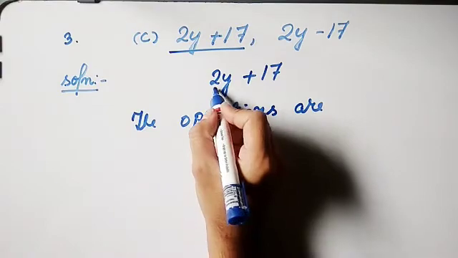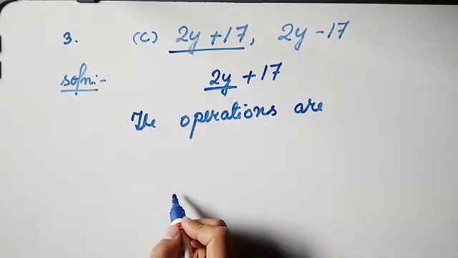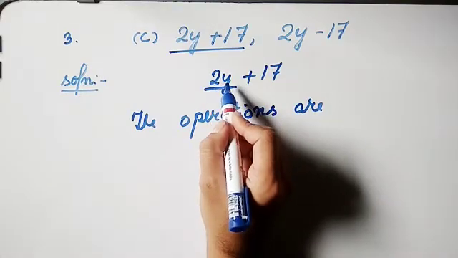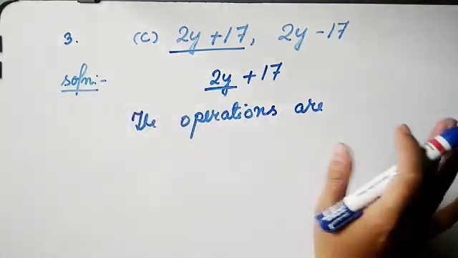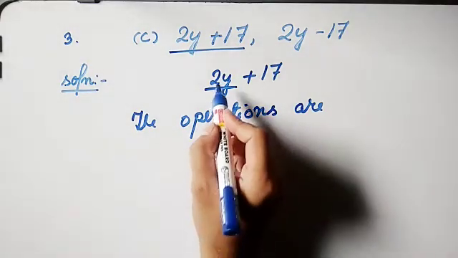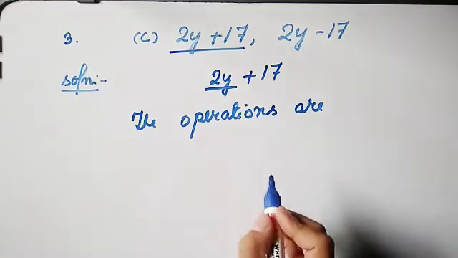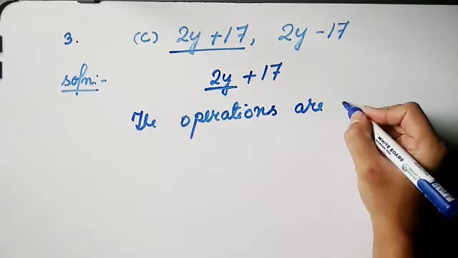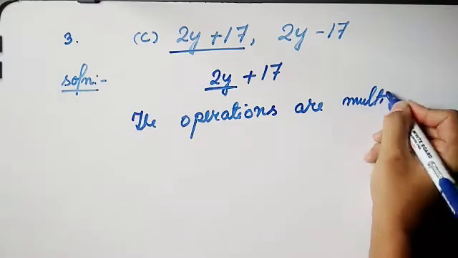So let's look at this value 2y. As we can see, between this variable and number there is no sign, right? We cannot see any sign. So we must know that there is a multiplication sign. So here the operation used will be multiplication.